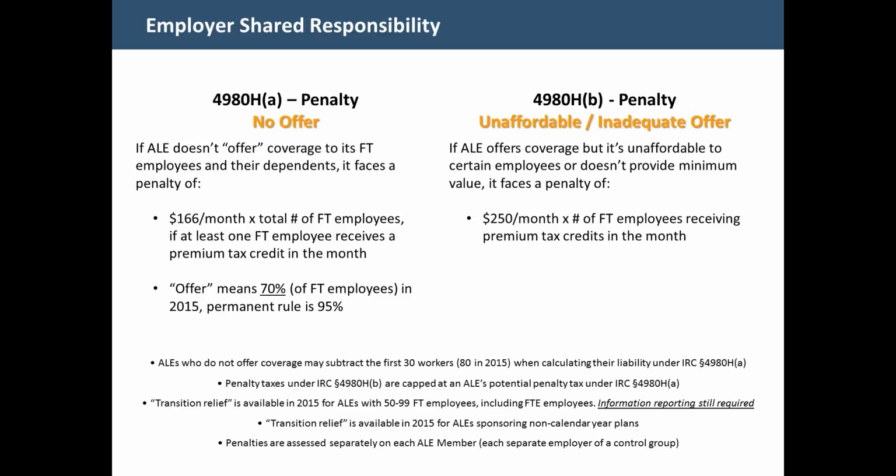There's also transition relief related to employers that sponsor non-calendar year plans. And lastly, when determining penalties, each employer of a control group or each ALE member is assessed penalties separately.